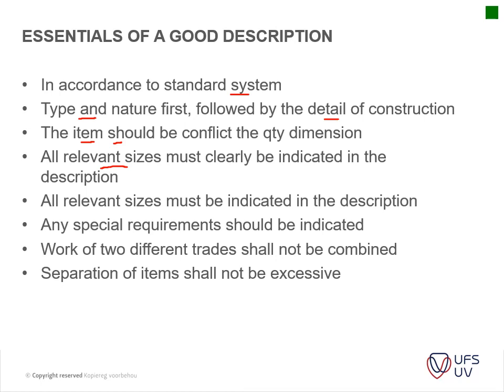Obviously, you will also in your description give the thickness of the door, if it's a specific thickness. Otherwise, if that's not given, you will go back to your standard preambles, which says any exterior door will have at least a 65mm thickness. Okay. All relevant sizes must be indicated in the description.